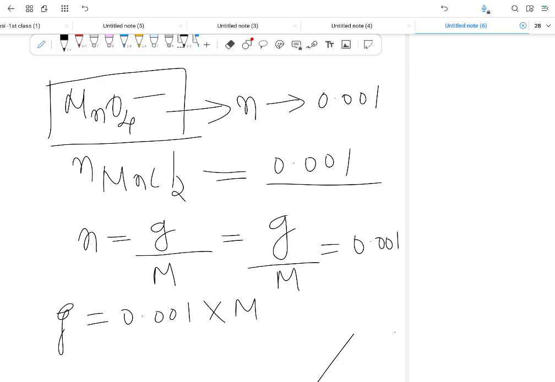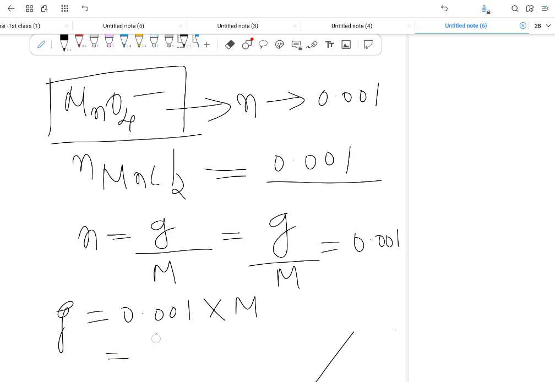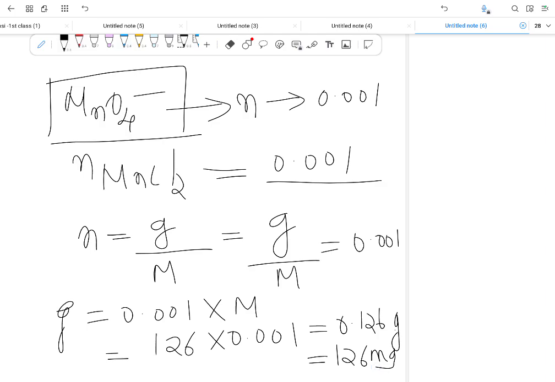Molar mass of MnCl2 comes to be 126. So it will be 126 into 0.001, which equals 0.126 gram, or 126 milligram. So this is the final answer.